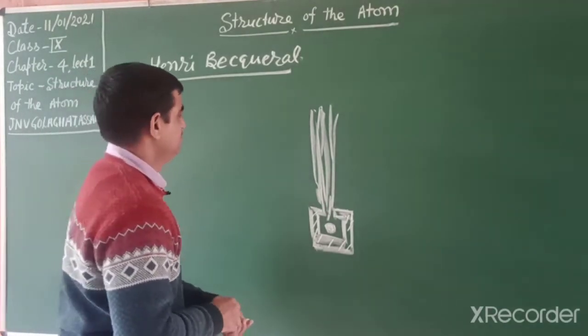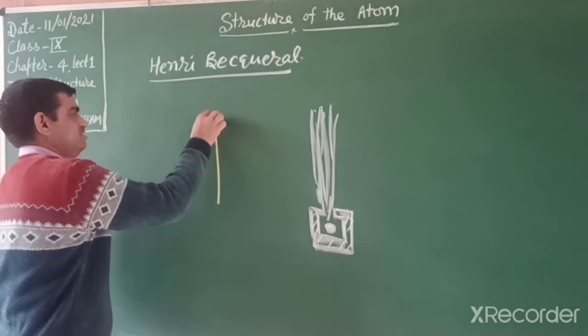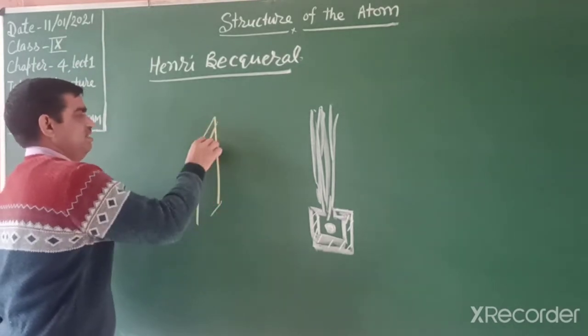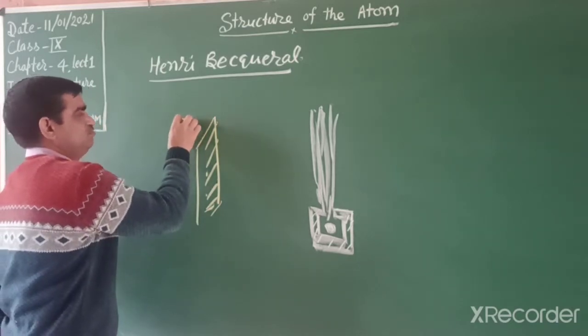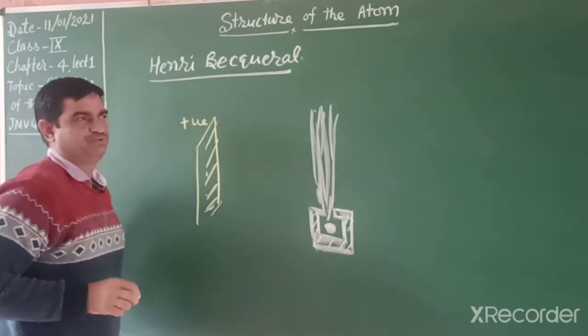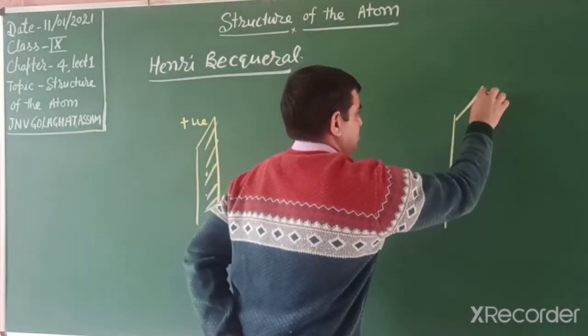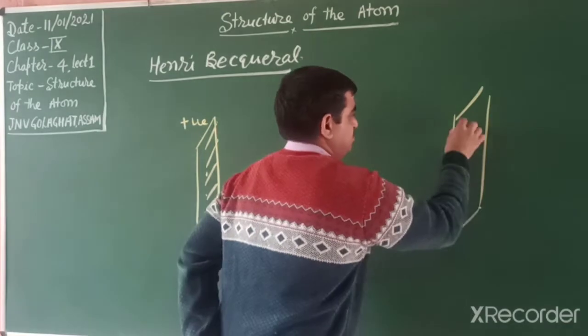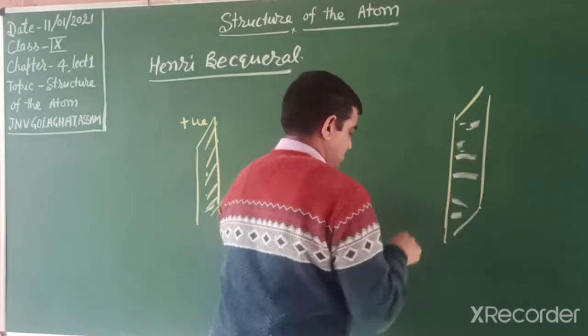But students, we want to specify this radiation. What happens if we place a magnetic field? Suppose this is a positive plate. Other side we take another plate. This plate is negatively charged.